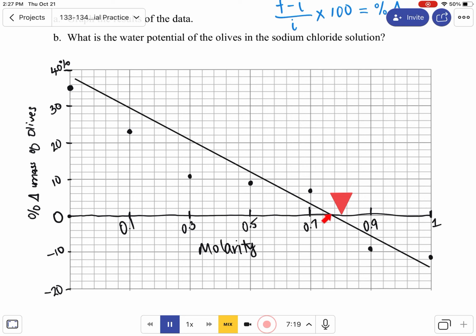So the concentration at which there would be no loss or gain of water would be about 0.75. And we need this information to be able to calculate the water potential of the olives.